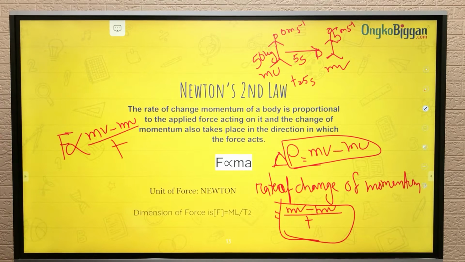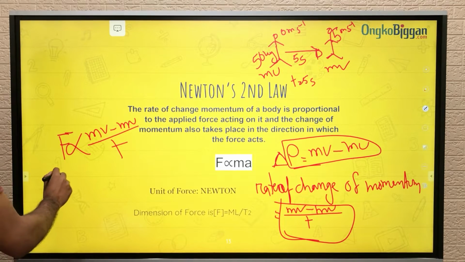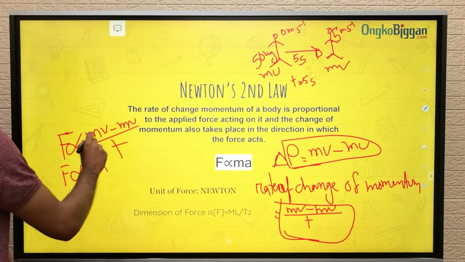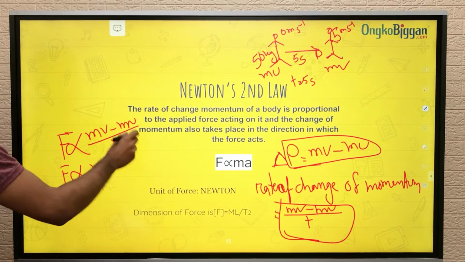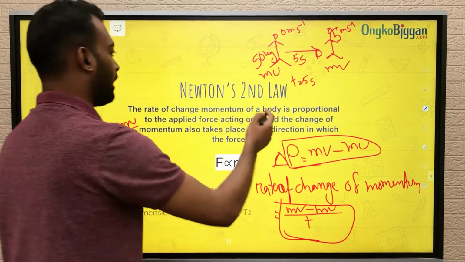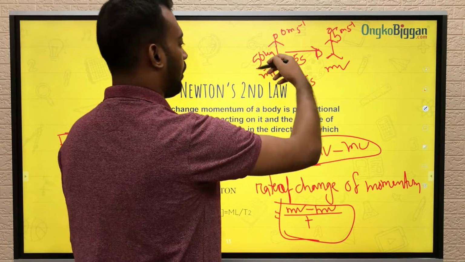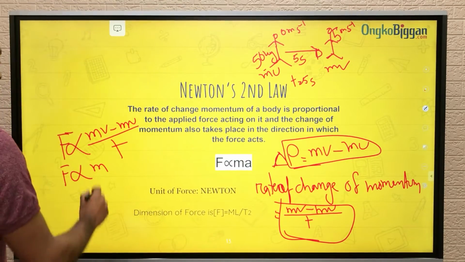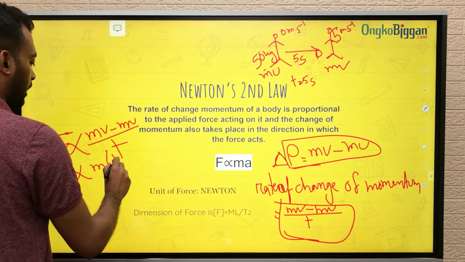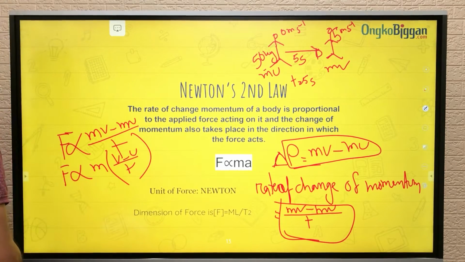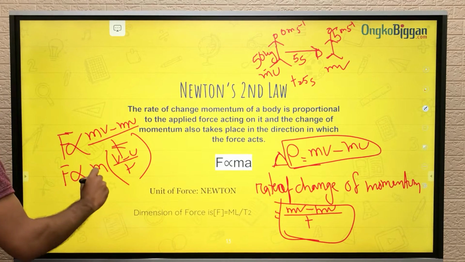Or I can also say that F is proportional to, taking m common, because m is obviously common in both cases, because the mass for this boy will always be the same. It will never change. So I'll take m common and write v minus u divided by t. So what does it mean?